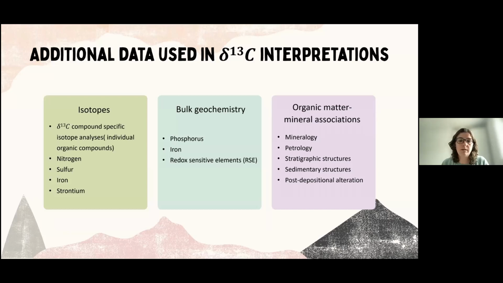But also bulk geochemical data like phosphorus or redox sensitive elements, and also organic matter mineral associations, because when we look at the rocks themselves, we can see the mineralogy, the petrology, the kind of sedimentary structures, if there is any post-depositional alteration, and all this information gathered together helps us to understand why we are getting these carbon isotope signatures.